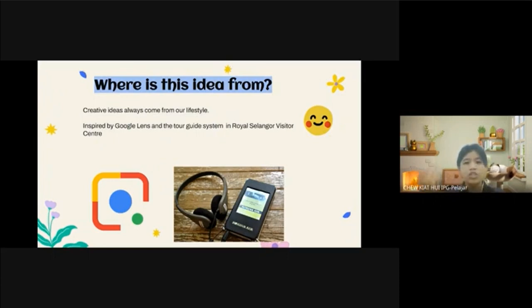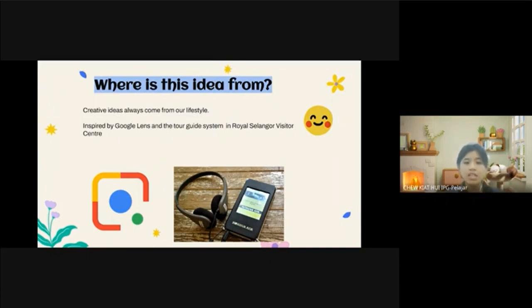For example, I capture a thermos, and the Google search machine will give us some extra information about that. For our project, we will combine this function with the tour guide system in Royal Selangor Visitor Center, where when you scan the QR code, you can get the information about it.